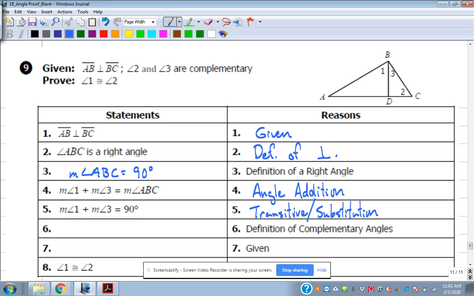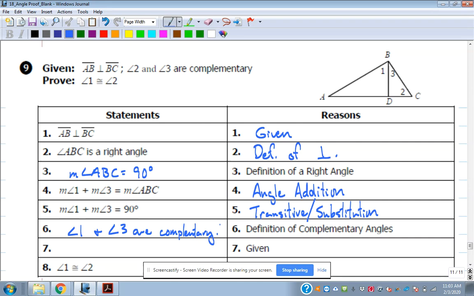All right. Definition of complementary angles is number 6. So what does the definition of complementary angles mean? So if the sum of the angles is 90 degrees, then they're complementary angles. So that tells us that angles 1 and 3 are complementary. And what that does is gets us out of measurement mode and into object mode.